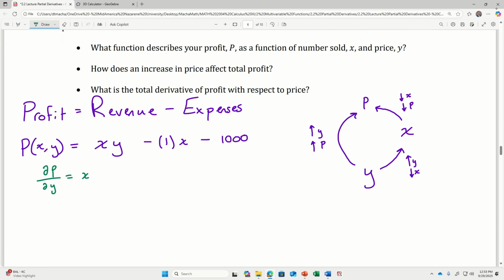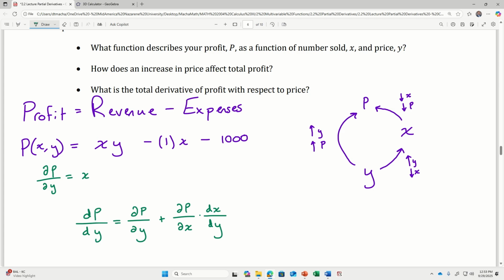But the total derivative of profit with respect to price is going to be that partial derivative of profit with respect to price plus the partial derivative of profit with respect to the number sold times the derivative of the number sold with respect to the price.